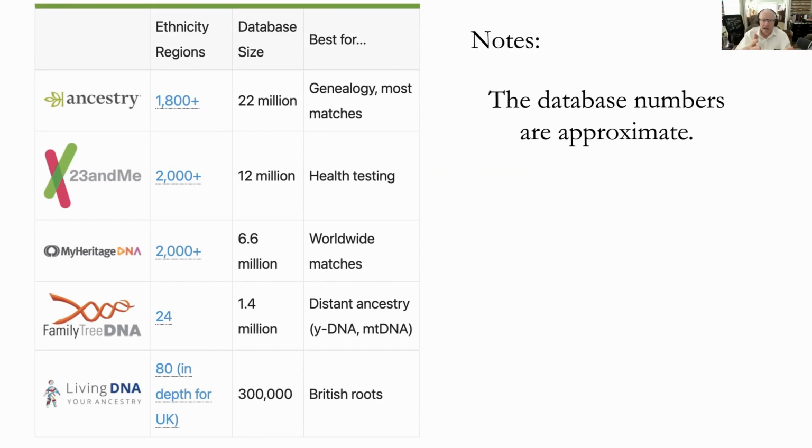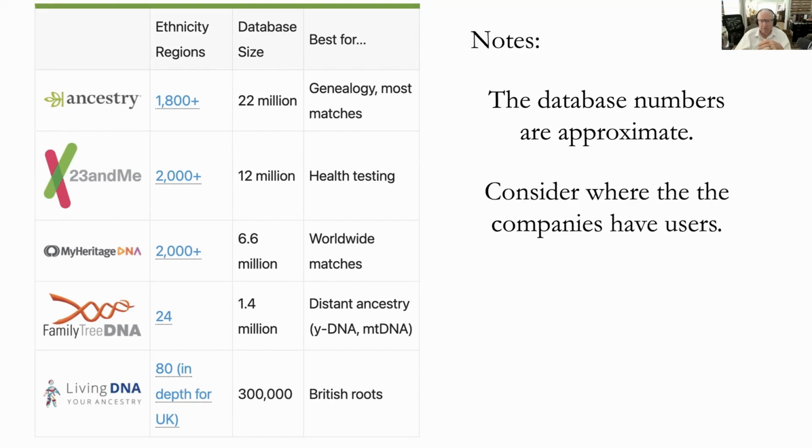First of all, these database sizes are completely approximate, because the chart has changed one day after it was put up online. Ancestry probably has lots more, and each one of these may have many, many more people. But still, relatively speaking, these are the five companies that would somehow benefit you in identifying your ancestors.